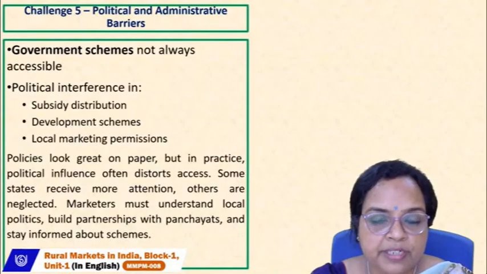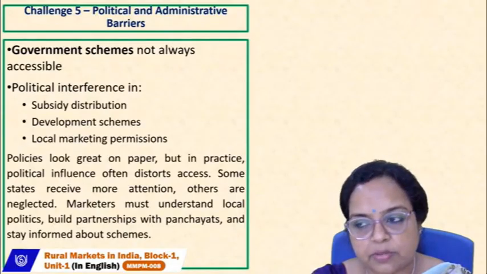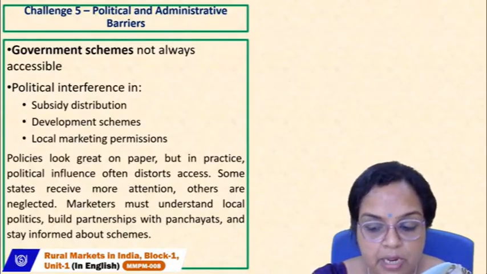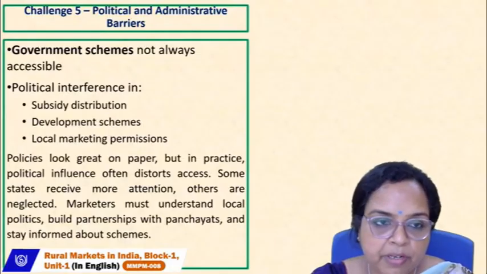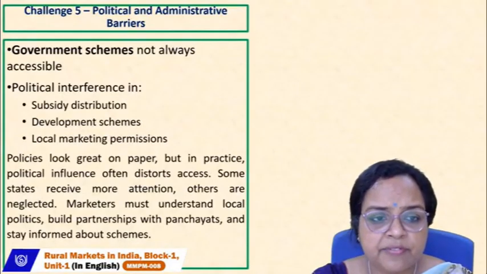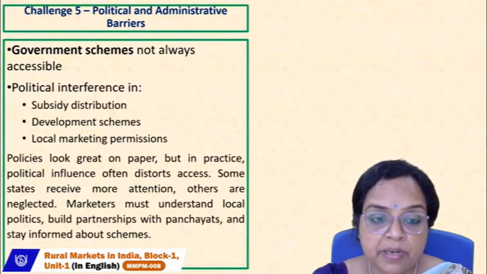Challenge 5 is political and administrative barriers. Government schemes are not always accessible, even if the scheme is available. But when you come down to real practice, it is not that easy to take the benefit of government schemes. Political interference is huge in terms of subsidy distribution, development schemes, and local marketing permission.